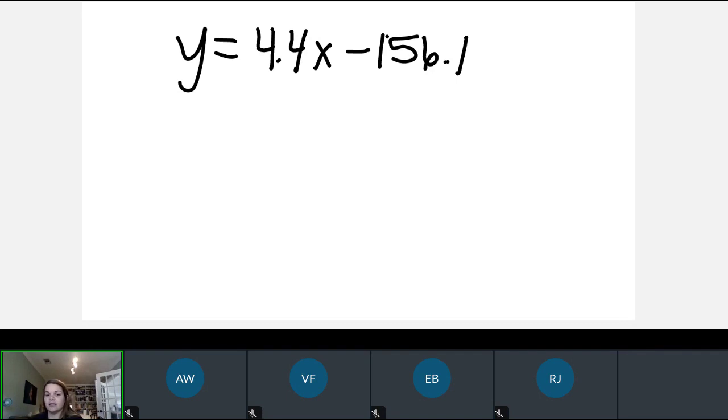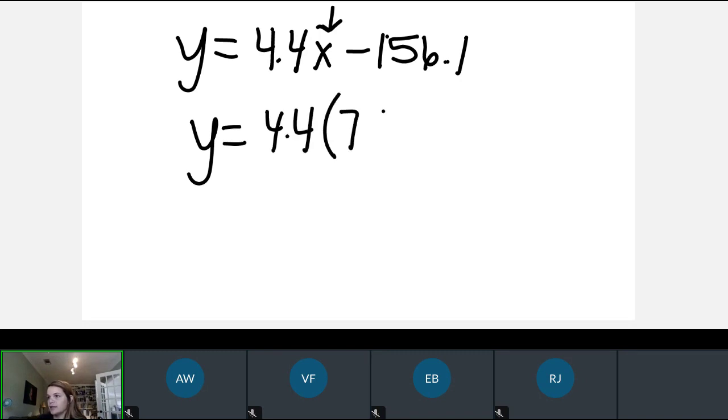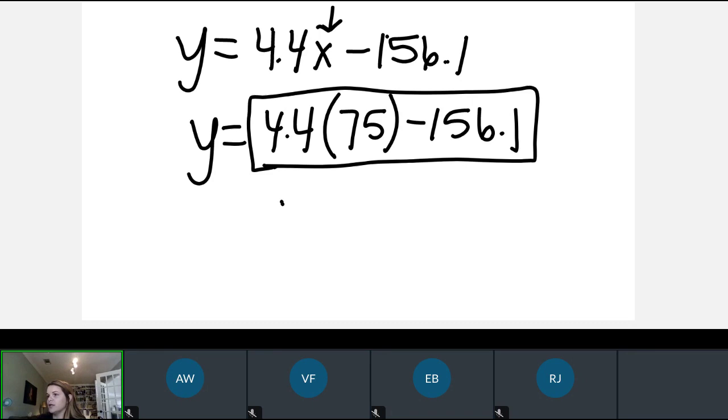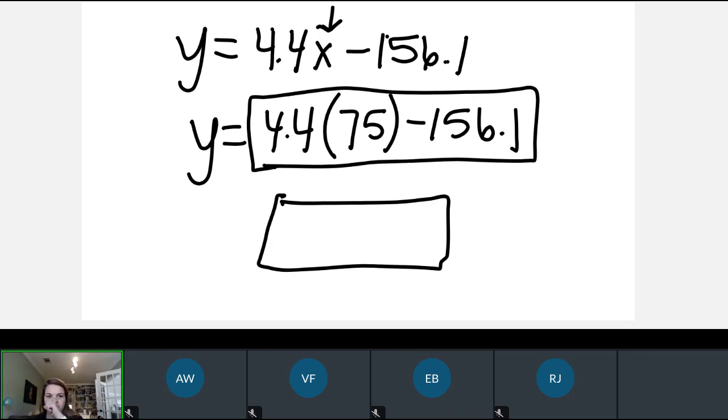So if the shark has a length of 75, x represents length. So instead of x, you're going to put in 75: 4.4 times 75 minus 156.1. Put that in your calculator and you will get a number. Round it to the nearest tenth. And that's what you will put in your predicted value.